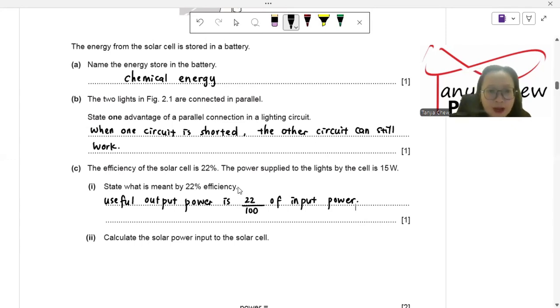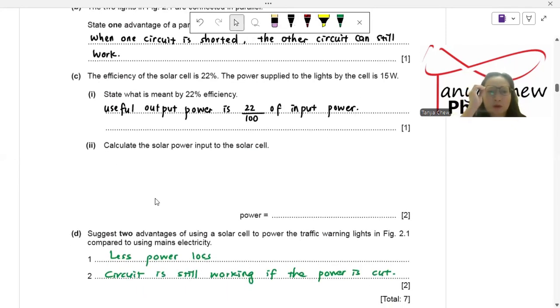Now, the second part, calculate the solar power input to the solar cell. Because power is given, I am going to use output power. Output power divided by input power times 100% is equal to 22% because the efficiency is already given.